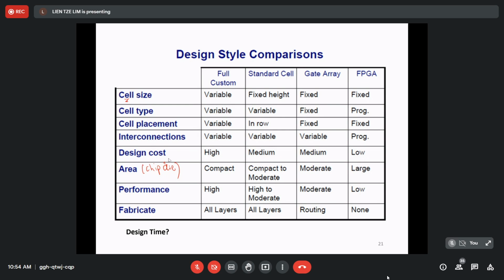If the system is complicated, then the components to be fabricated on the chip will be more complex. So for full custom designs, the area will be compact. For standard cells, the area occupied is compact to moderate. For gate array, it is moderate, and for FPGA it is large.